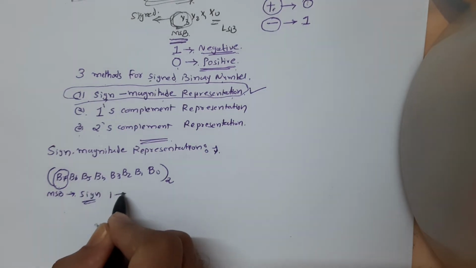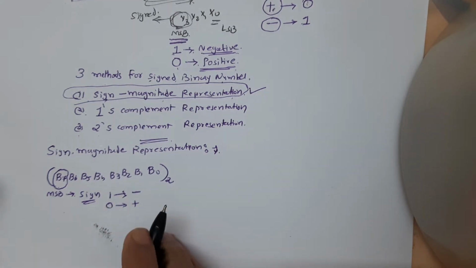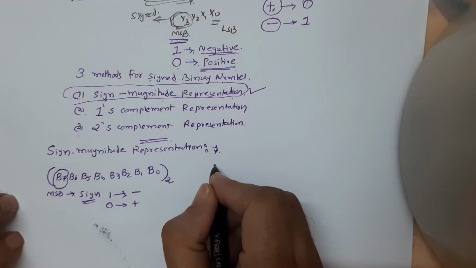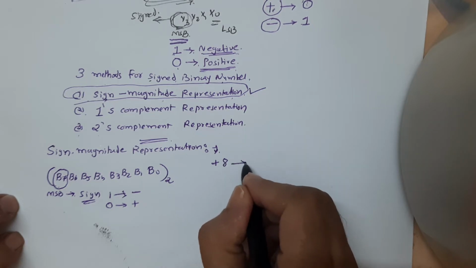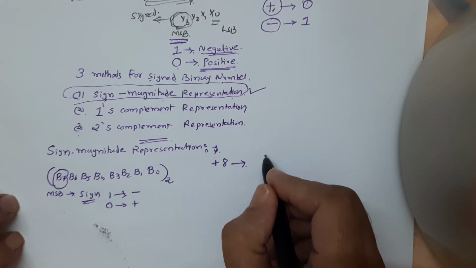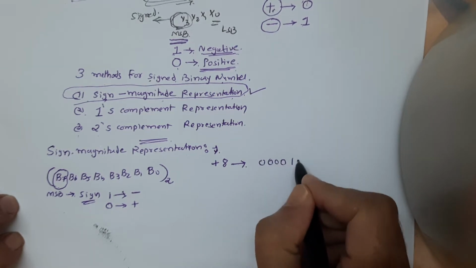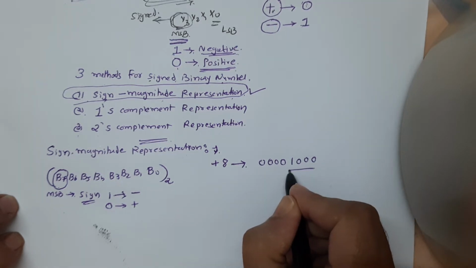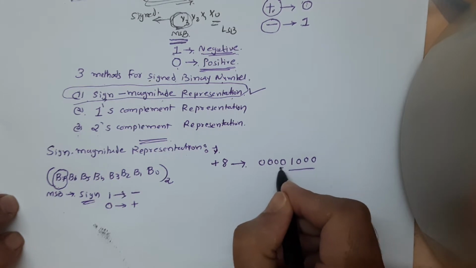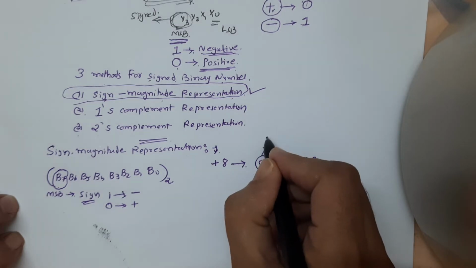If this is equal to 1, negative. If this is equal to 0, positive sign, right? So for example, plus 8. How to represent plus 8? Plus 8 is represented by 0, 0, 0, 0, 0, 0, 0, 1, 0, 0, 0. This last 4 bits means 8.